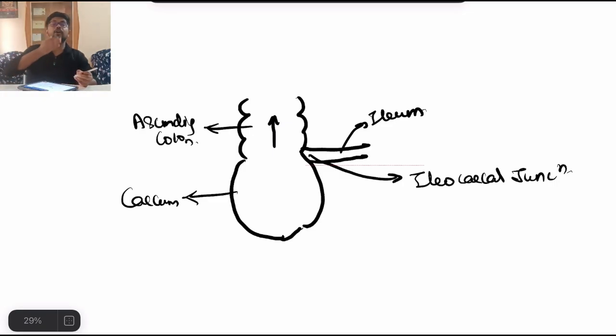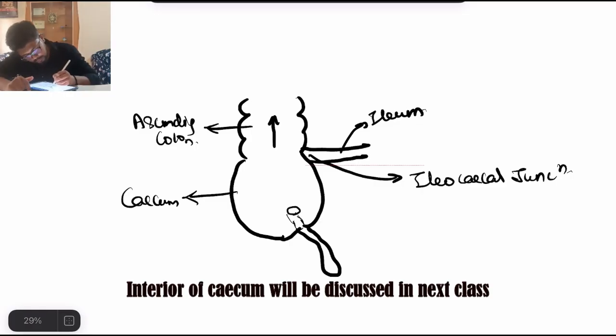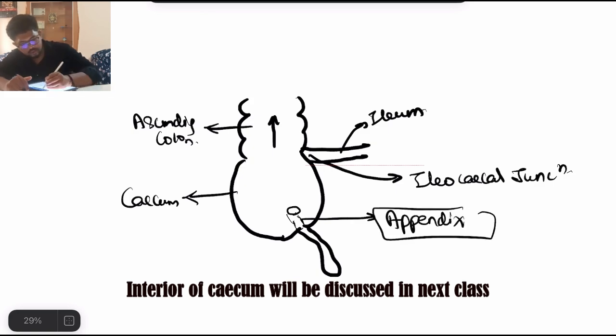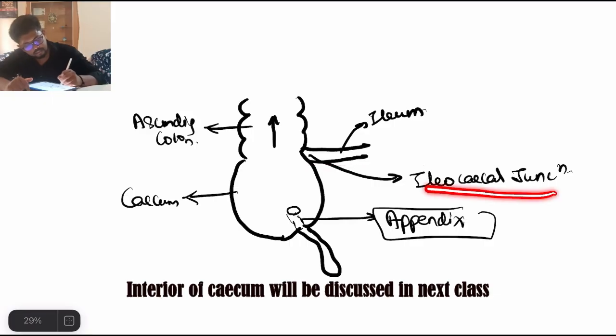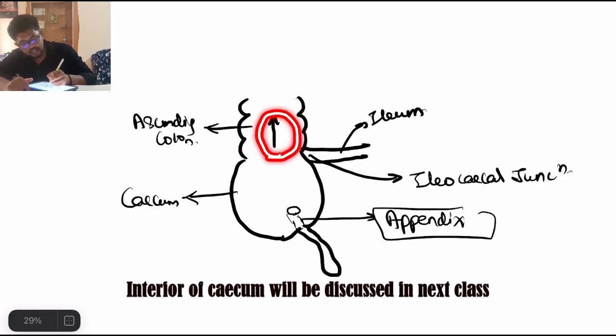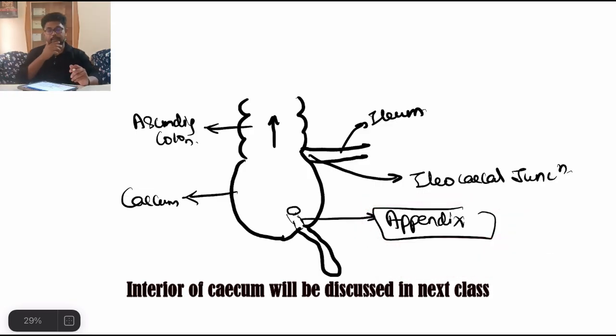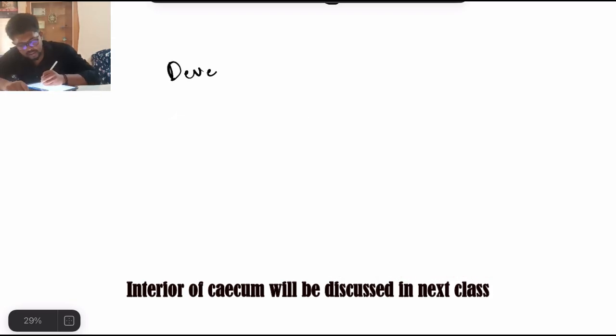On the posteromedial wall, it communicates with the appendix. So it communicates medially with the ileum, superiorly with the ascending colon, and posteromedially with the appendix.